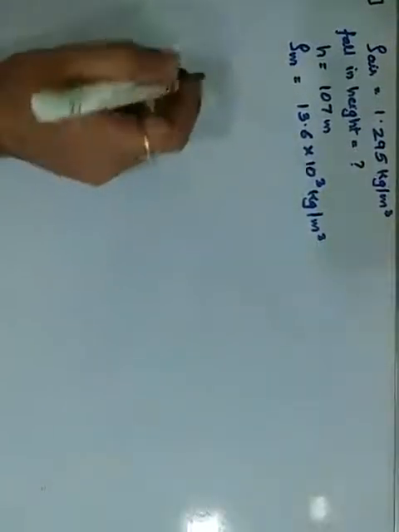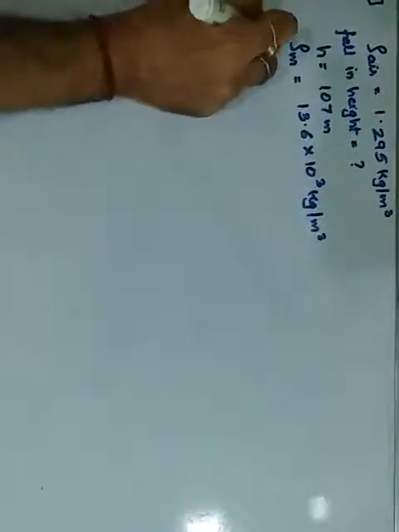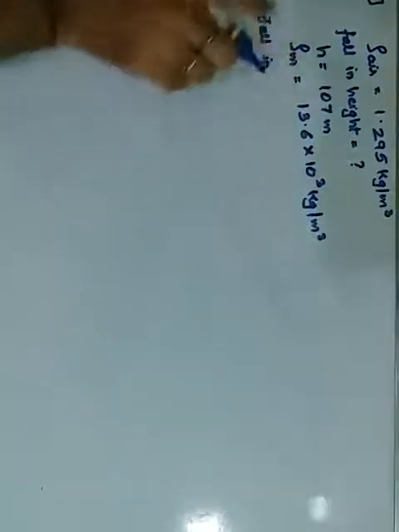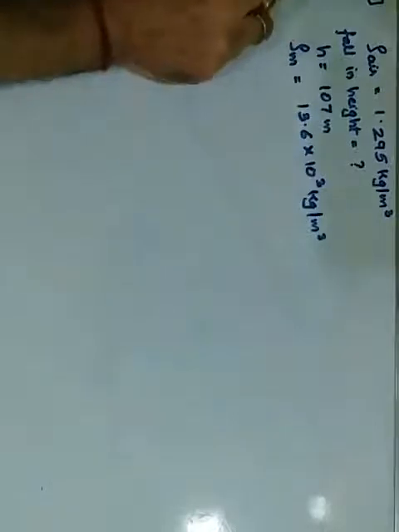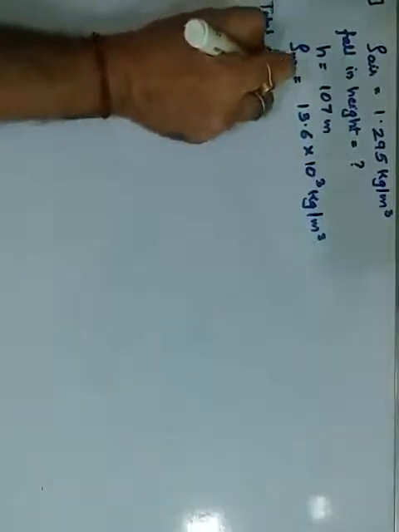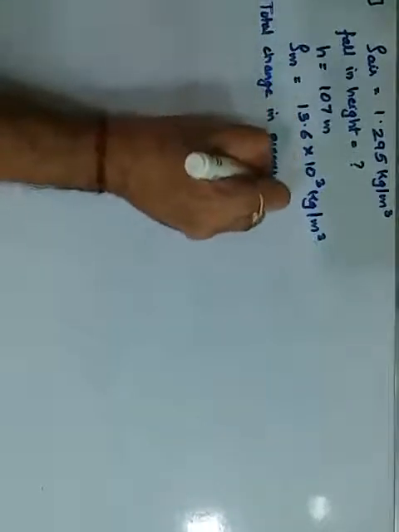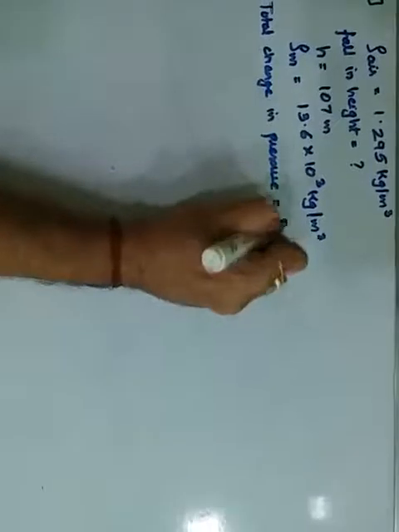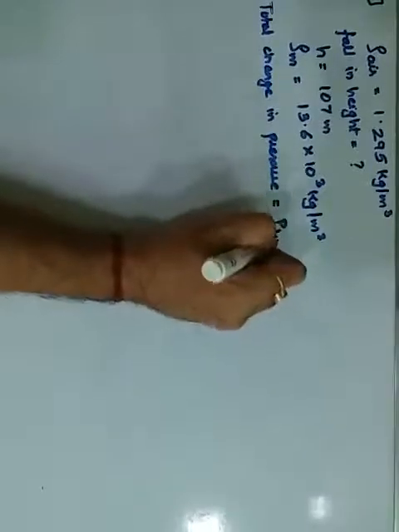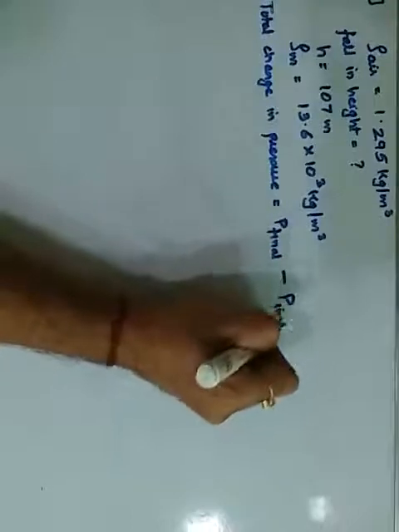When you say what is the fall in the pressure, the total change, I said total change, there too I had written the total change in pressure will equal the pressure at final point minus the pressure at initial point.